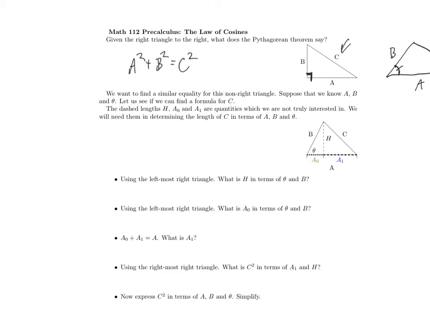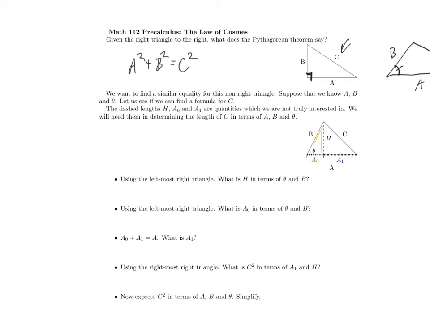So let's start with this. Here is a picture of some triangle which has a side length and an angle. I would like to find a formula for this opposite side length in terms of a, b, and theta. And that's too hard to do all at once. Instead, we'll do it by breaking up this picture into pieces.